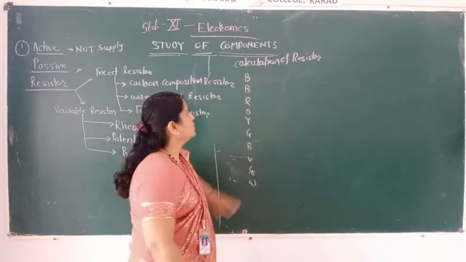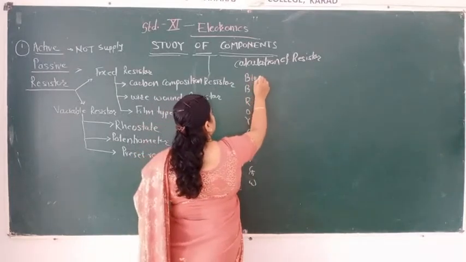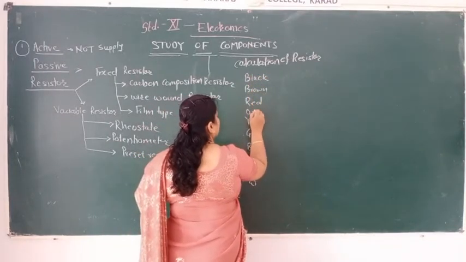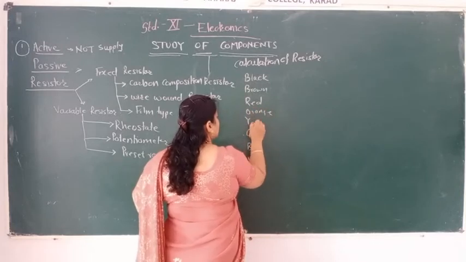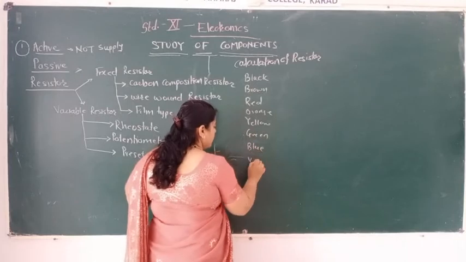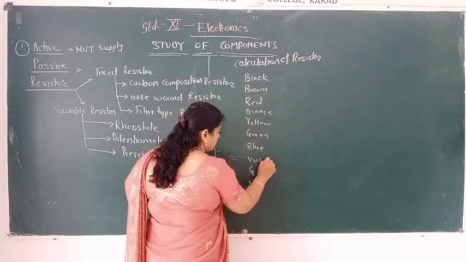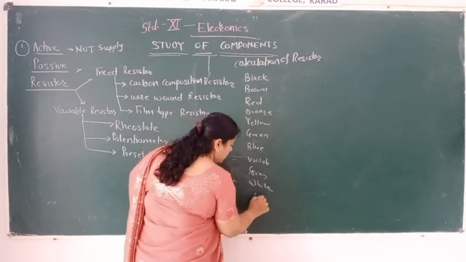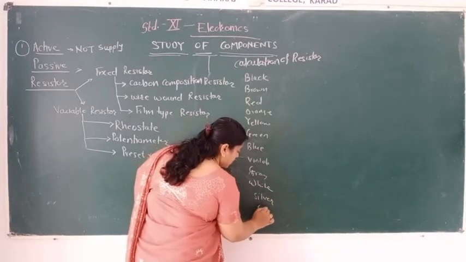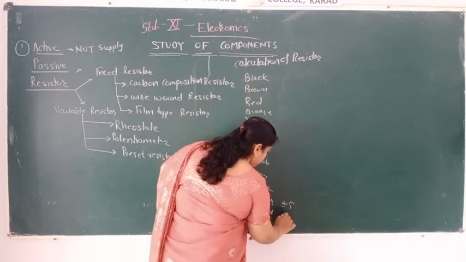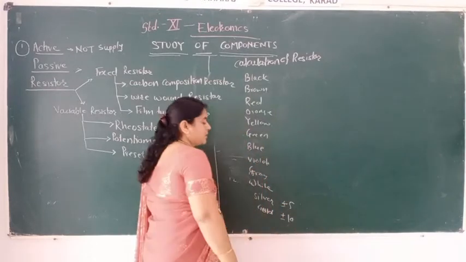Always start from black color, then brown, red, orange, yellow, green, blue, violet, grey and white. Silver and gold are there, which have tolerance plus minus 5% and plus minus 10%.